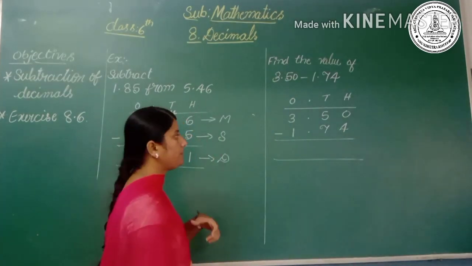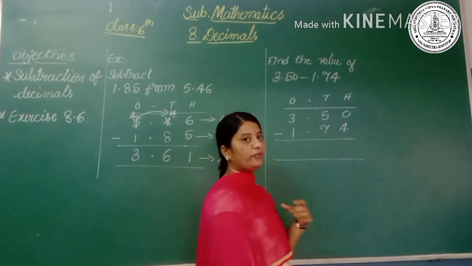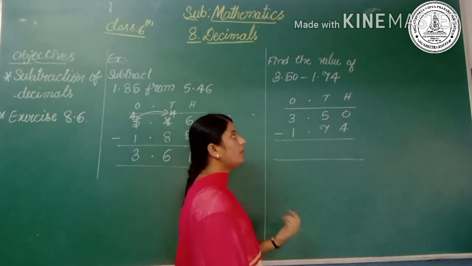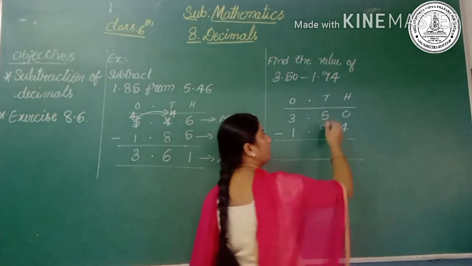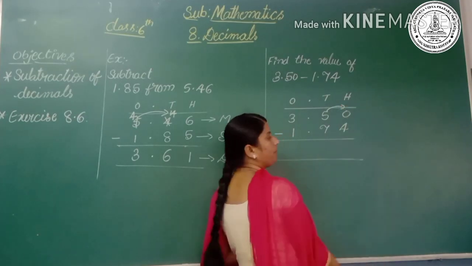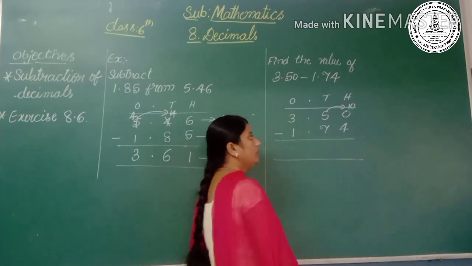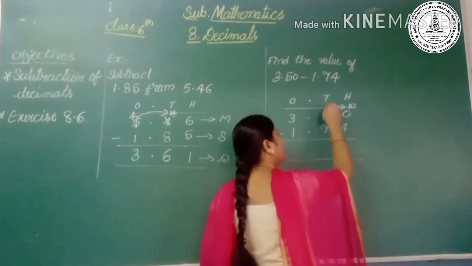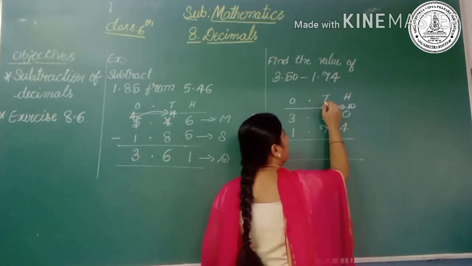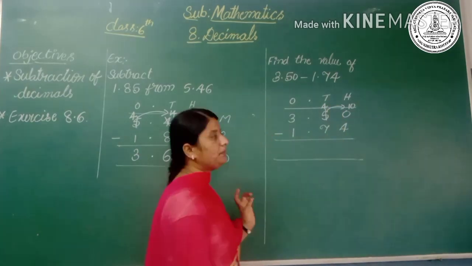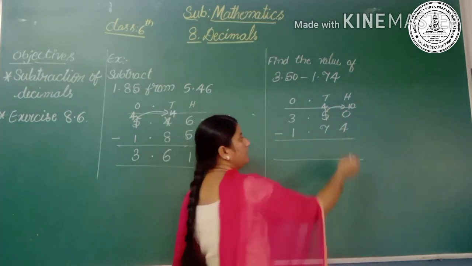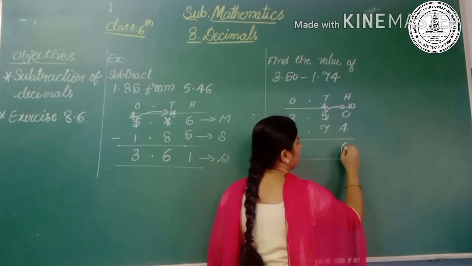Now we have to subtract. 0 minus 4 we cannot subtract, right? So what do we have to do? We have to borrow from the next place value. So here the 5, we take a borrow of 10 from it. After giving the borrow, the 5 becomes 4. Then 10 minus 4 is 6.